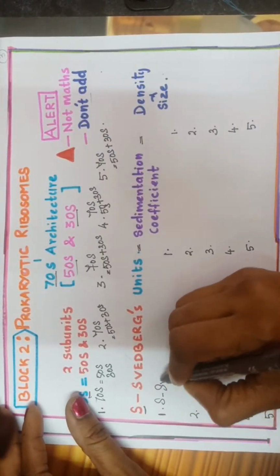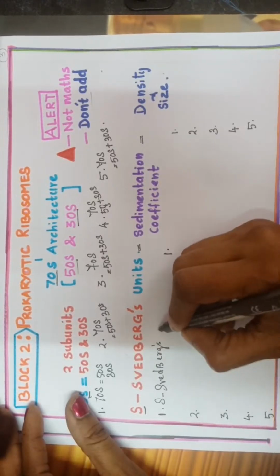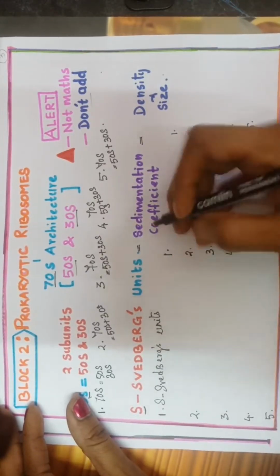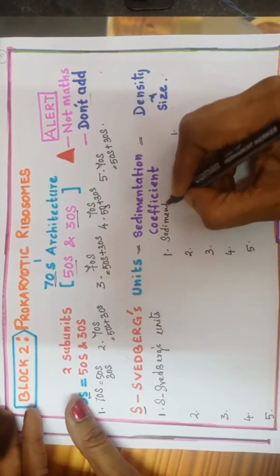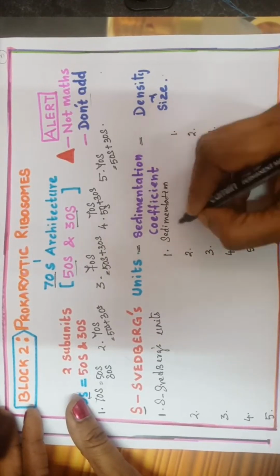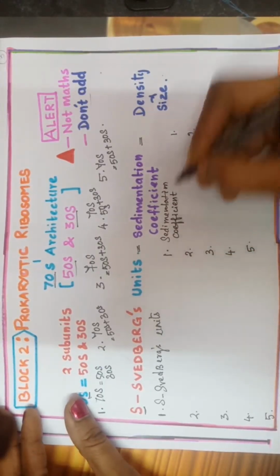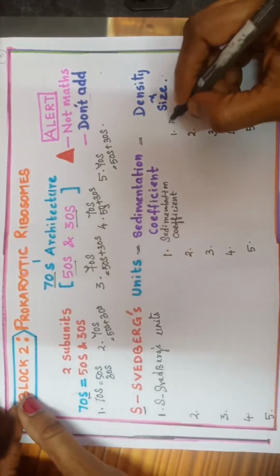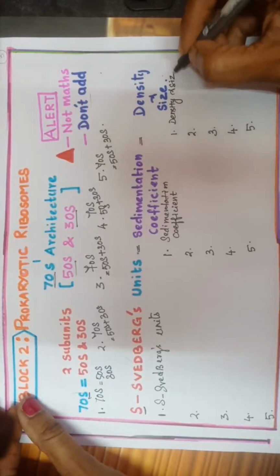So for you to easily remember, I have written it this way. S is Svedberg's units, which denotes sedimentation coefficient, an indirect measure of density and size. These are the code words.